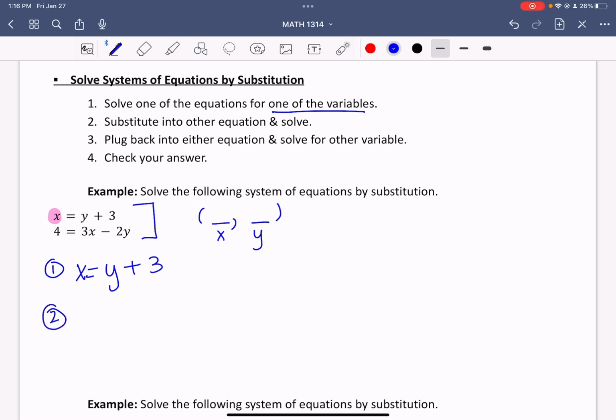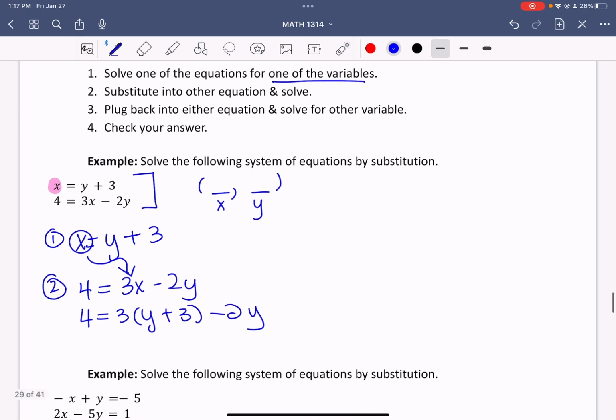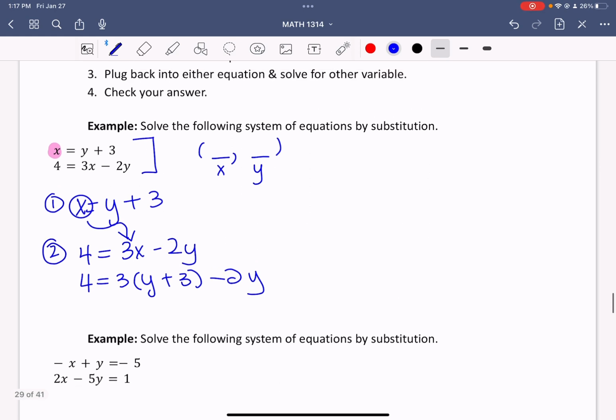Step number 2 says to substitute into the other equation and solve. So since equation 1 had the x by itself, I'm going to plug that into equation 2 for my x. So I have 4 equal to 3 parentheses, and instead of x, I'm now going to write y plus 3, minus 2y.